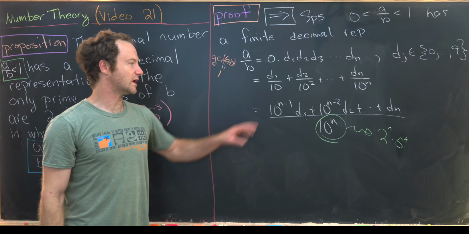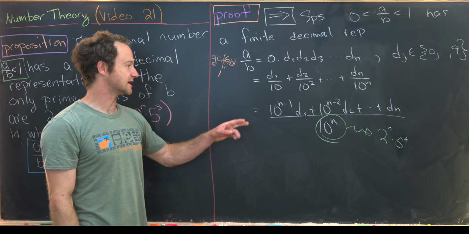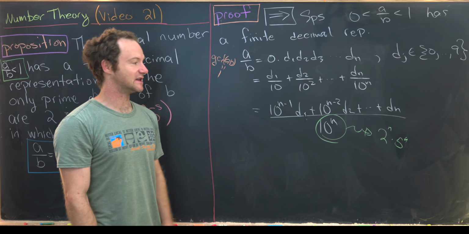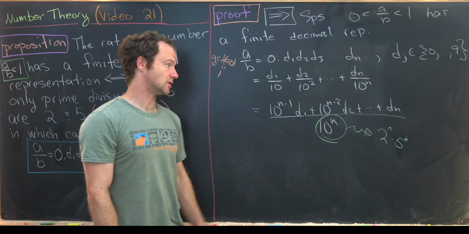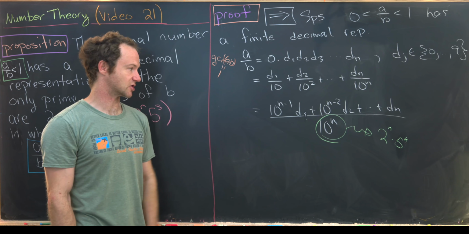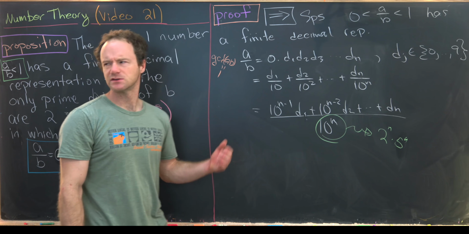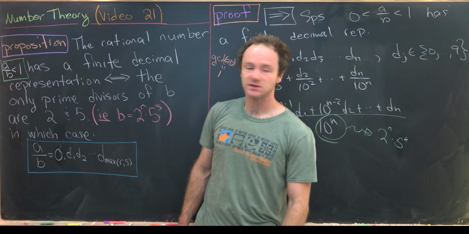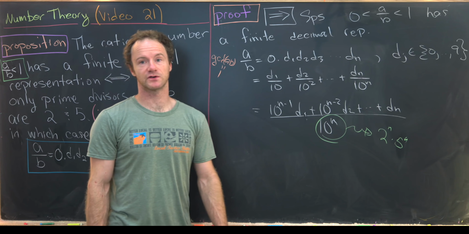So what that means, when we do a cancellation of like terms from the numerator and the denominator, we will still only have factors that are 2 and 5. So that's exactly what we wanted to show for this forward direction. So let's maybe get rid of this and we'll do the reverse direction.